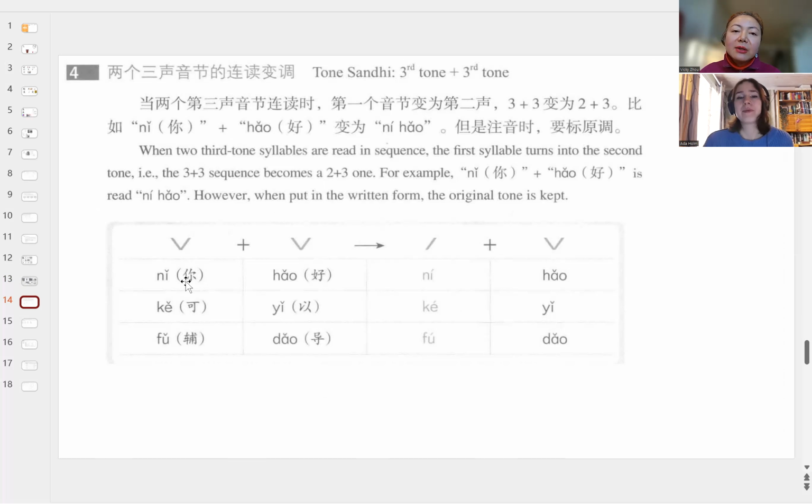好，我们看一下，这里有一个 rule. When two third tones are together, we change the first third tone to second tone. For example, because it's really hard to say 你好, it is too tired. We change the first third tone to second tone.